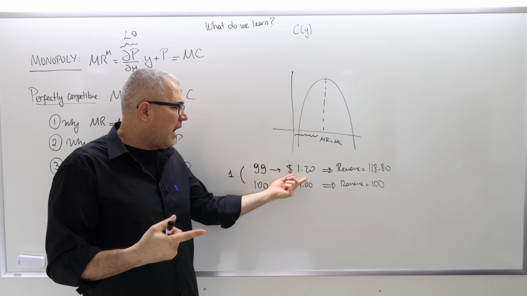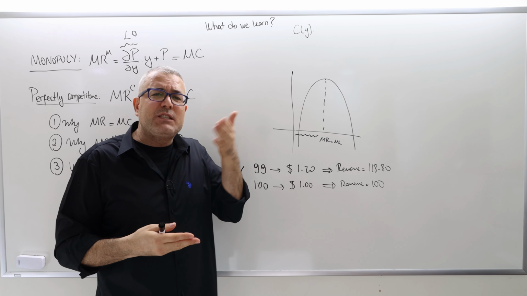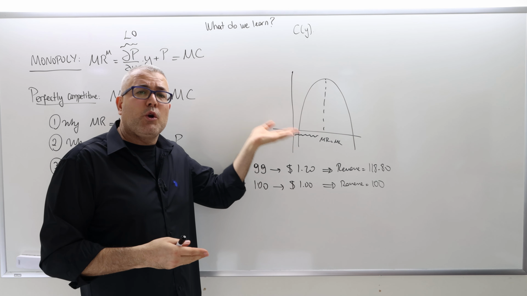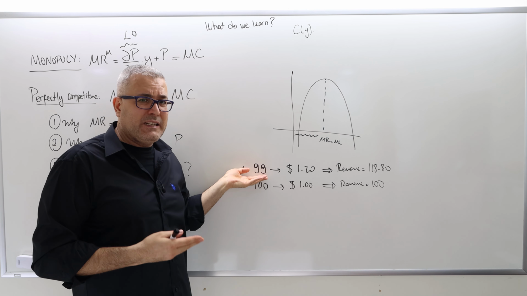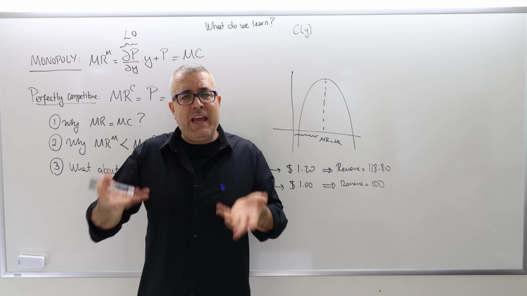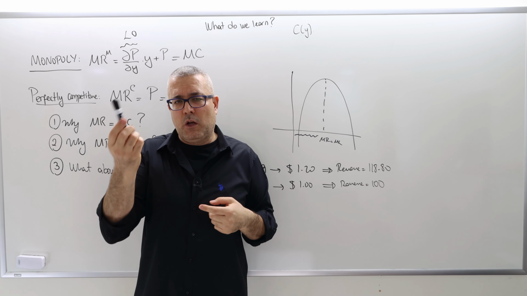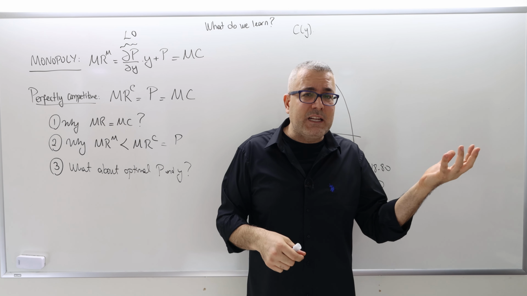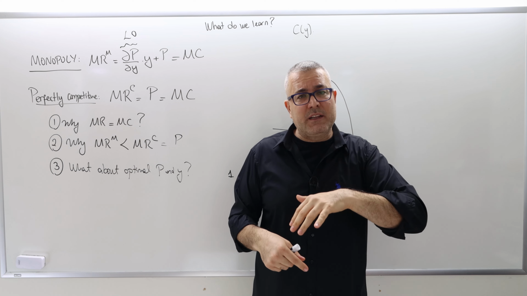All right? So what happens is that I give up this 20 cents that I was actually receiving if I were to sell 99 products. And so, on the one hand, I gain $1 by selling one more marker, but on the other hand, I give up 20 cents for all the 99 units.